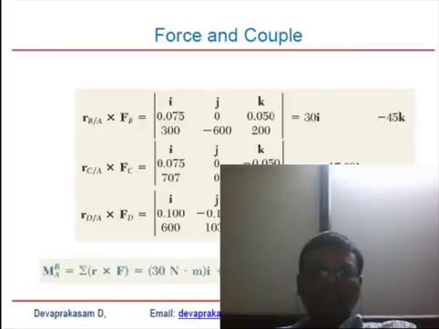So the moment has to balance for equilibrium: the moment at A should be 300 Newton meter in the i direction, 17.68 Newton meter in the j direction, which is a torque, and 118.9 Newton meter in the k direction. So this is the moment and force required to maintain the equilibrium conditions.